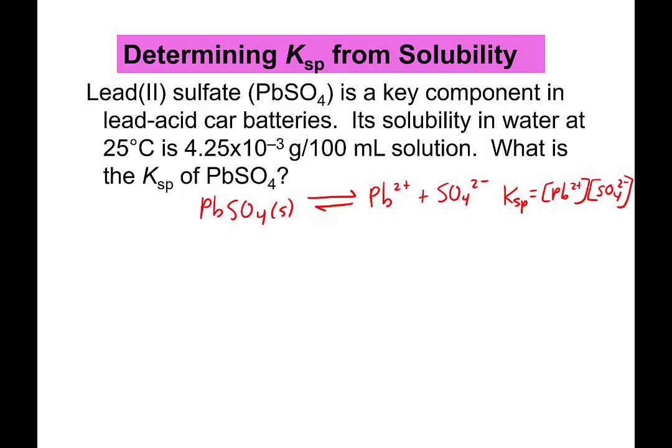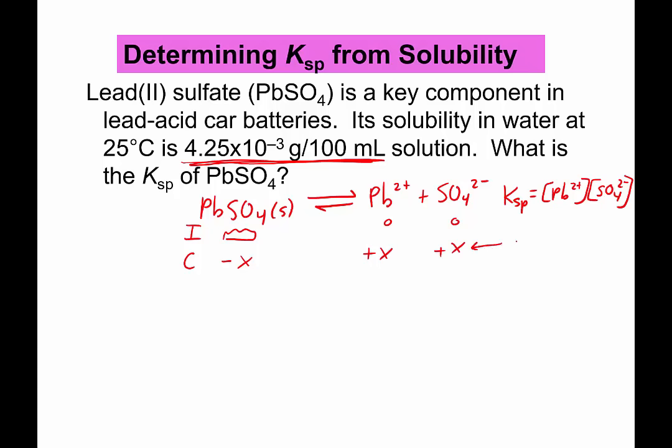Okay, we know what the concentration is at equilibrium. If we were going to do an ICE table, we would say we initially have some amount of this, we have nothing of these, and for every 1 mole of PbSO4 we lose, we gain 1 mole of Pb2 plus and 1 mole of SO4 2 minus.